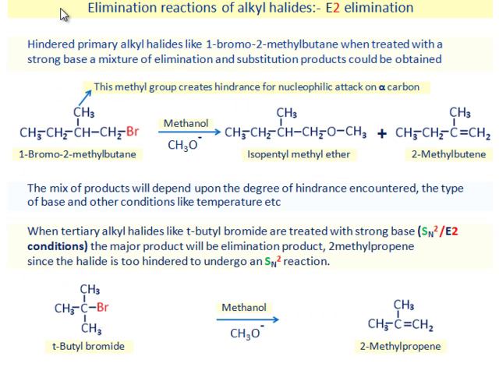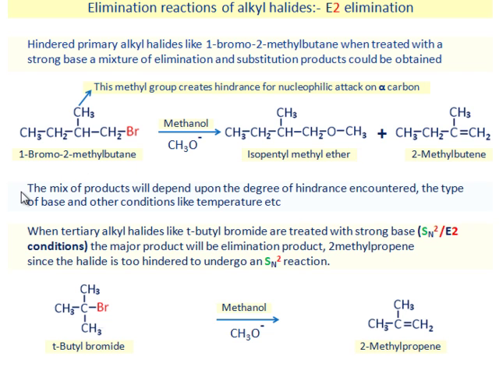Elimination reactions of alkyl halides. E2 elimination. Hindered primary alkyl halides like 1-bromo-2-methylbutane, when treated with a strong base, a mixture of elimination and substitution products could be obtained.